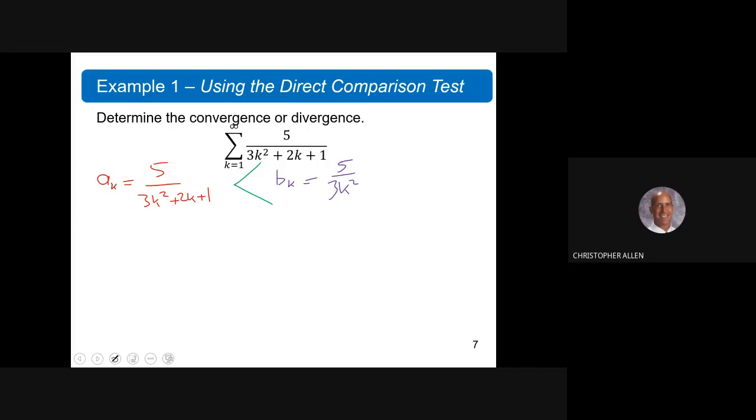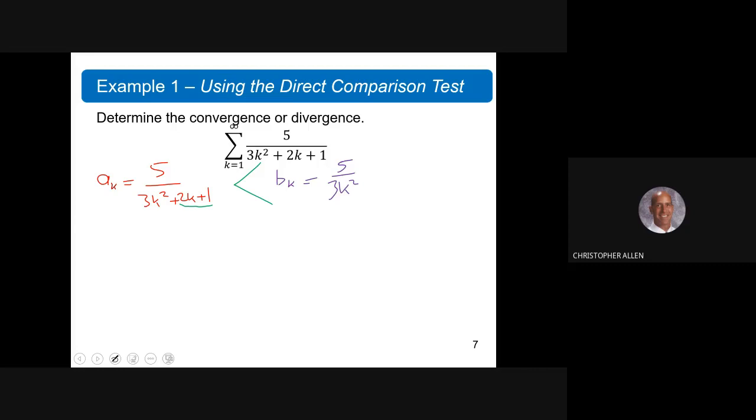First of all, you could just take some numbers and plug them in and you will see. But here's the key. You see that 2k plus 1? I'm adding numbers k that are 1 or bigger. They're all positive integer values. So these two fractions are equivalent except for this 2k plus 1. When I add more positive stuff to this denominator, that's going to force that value to be less than this value. Does that make sense?